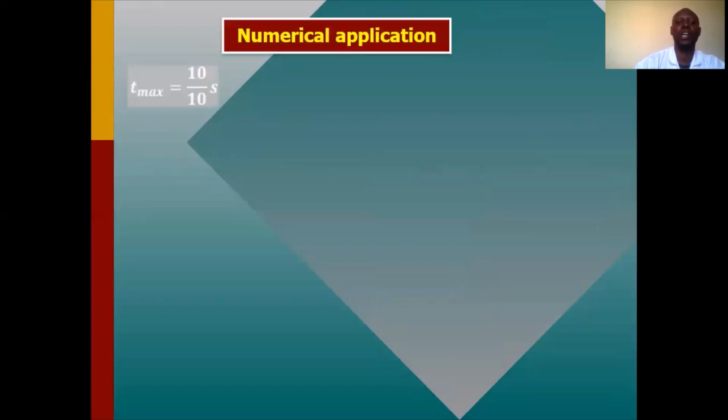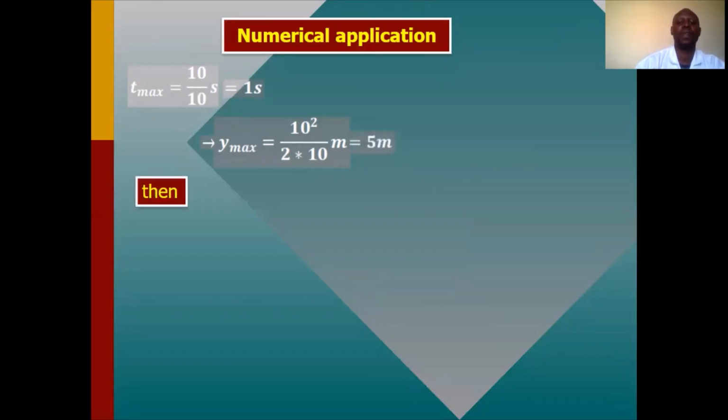For the numerical application, T max is equal to the initial velocity, which is 10, divided by 10. It is 1 second. So y max is equivalent to u squared divided by 2g, which is 5 meters. Then the total distance moved by the projectile, y, is equal to y0, the height of the building, plus y max, which is 35 meters.